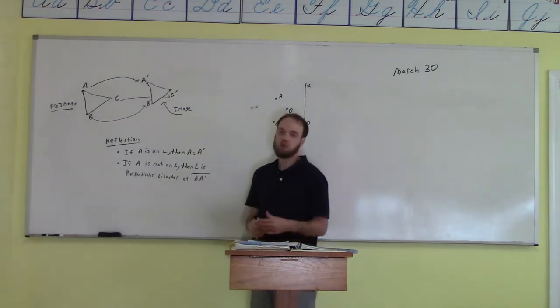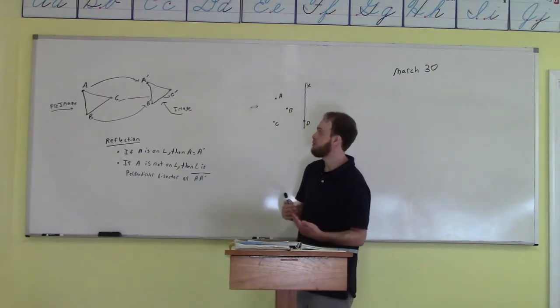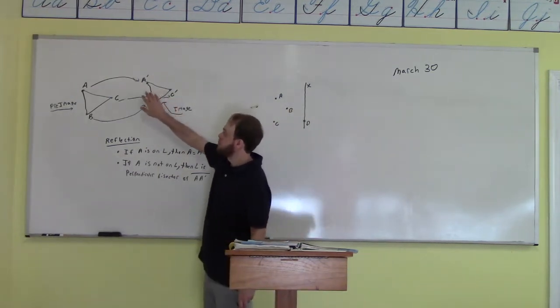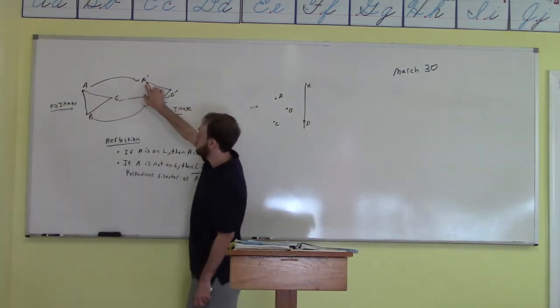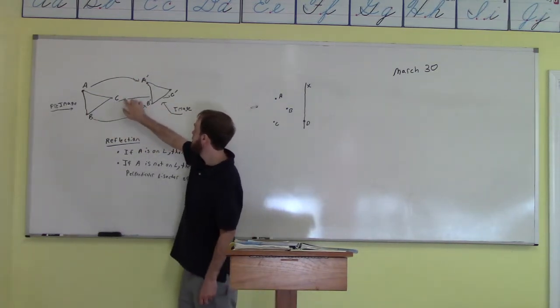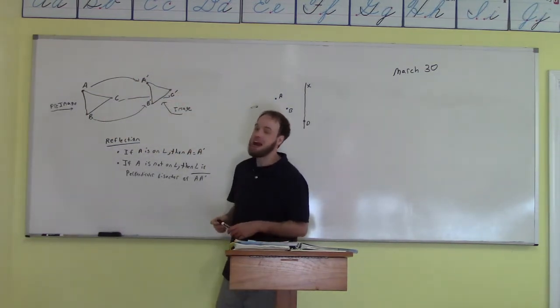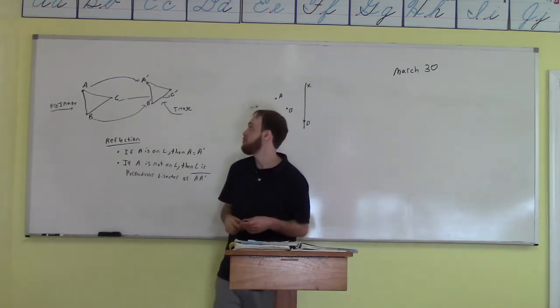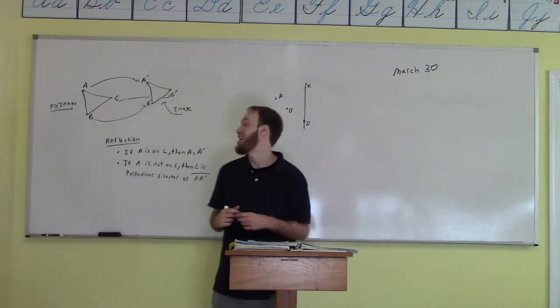Now, when we move this triangle to another point in space, you wind up with A shifting over here, B shifting here, and C shifting all the way over here. The new figure is identified as A prime, B prime, and C prime, and that is the image.